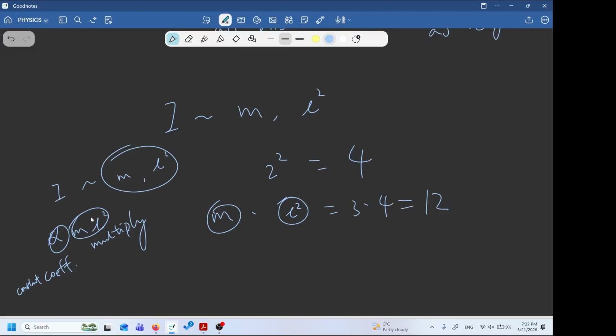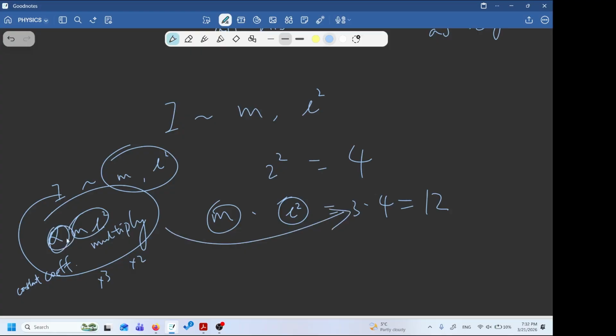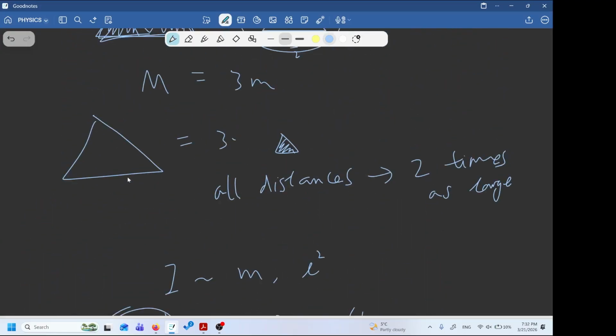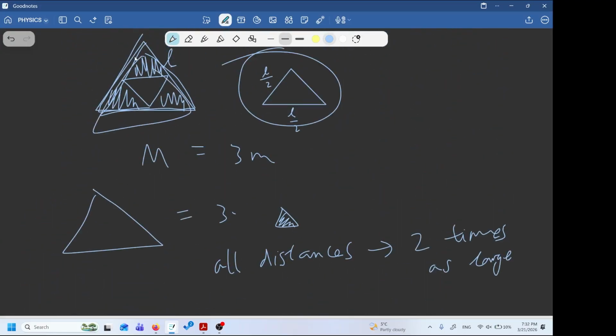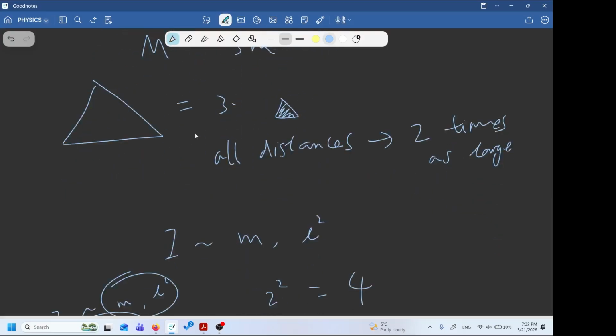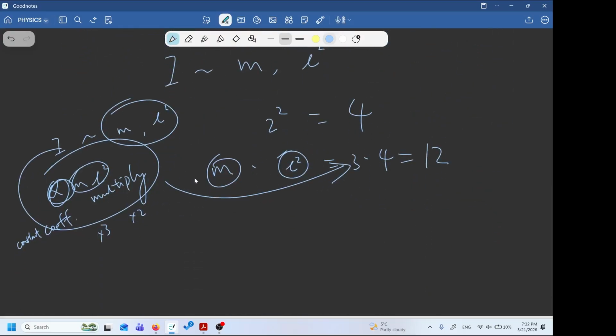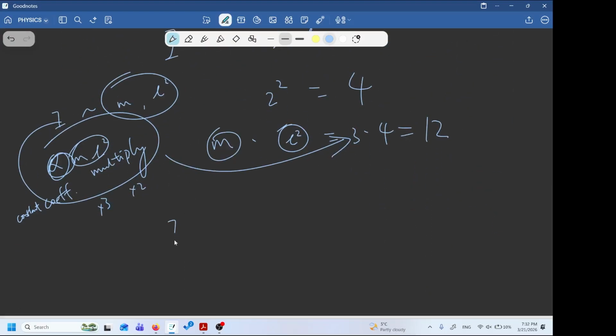So if m scales by 3 and L scales by 2, then this quantity as a whole scales by 12. And this alpha, this constant coefficient, is the same for both the big fractal triangle and the small fractal triangle, since they are the same structure, they are self-similar. And so now we know that I center L equals 12 I center L over 2.